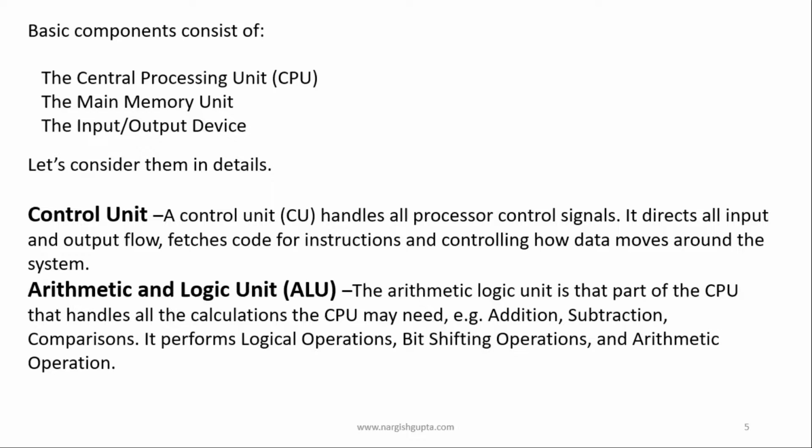And once the arithmetic and logic unit is done with its calculation, it stores the result back into the memory using the control unit. Next is the arithmetic and logic unit. We already know that it is responsible for carrying out all the arithmetic operations.